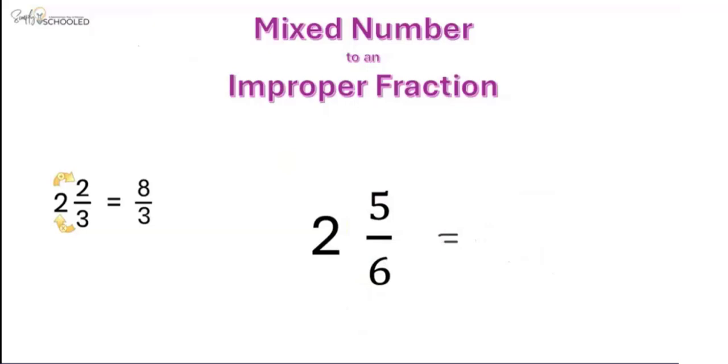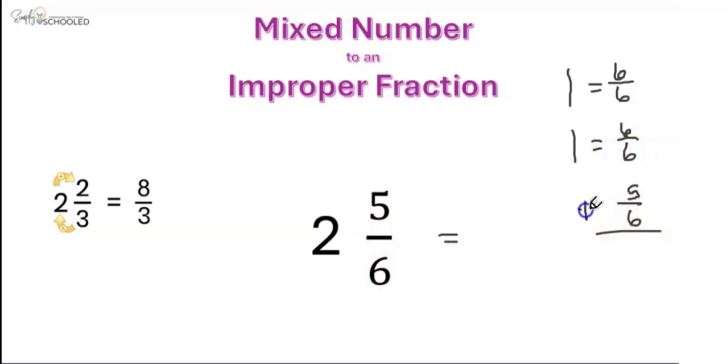We learned in previous videos that 1 whole equals the top and bottom denominator being the same. So we know if we have 2 wholes, that's going to equal this, right? We have 6 over 6 is 1 whole, 6 over 6 is another whole, and then we have 5 over 6.